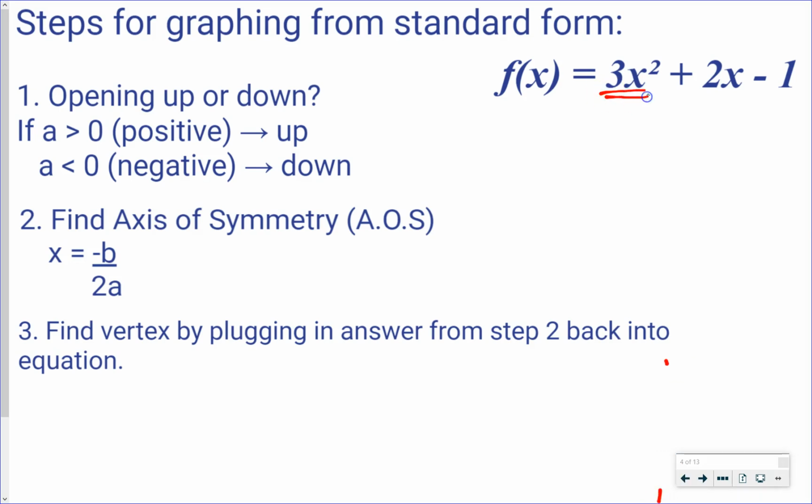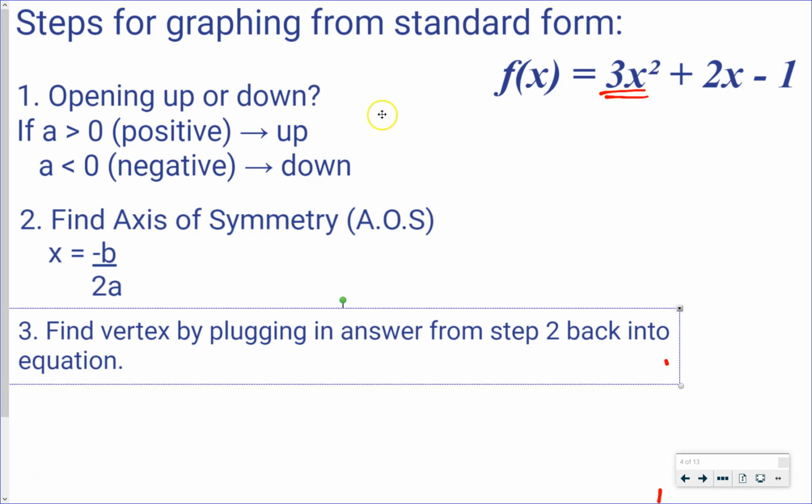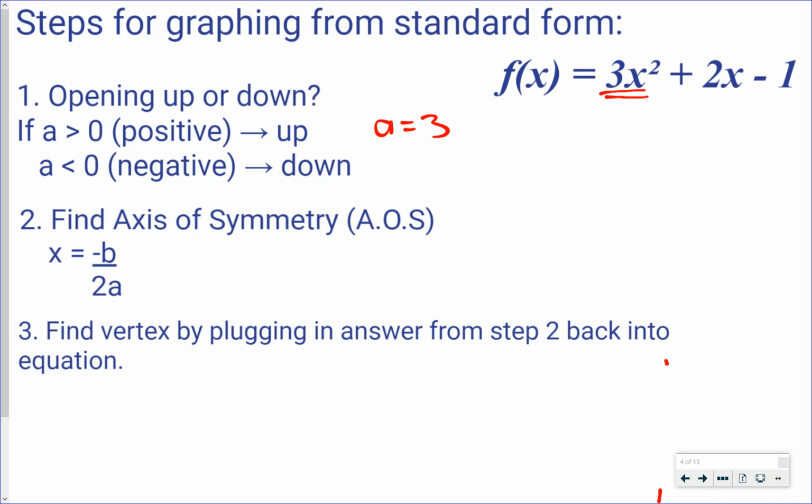It's this guy right here, that whole piece. Since my a value is 3, is it going to open up or down? It's going to open up because 3 was positive. So it's going to look something like that. It's going to open up.